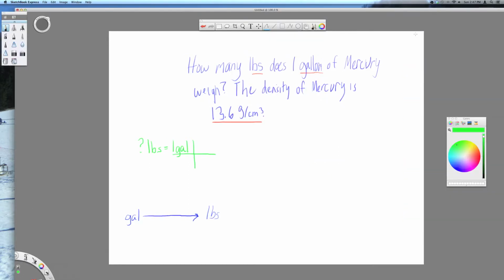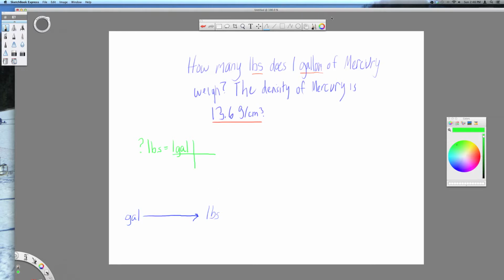Now, why would I need something like that? Well, eventually, I'm going to have to get from grams to pounds. So I know that I'm going to have to go from the English to the metric back to English.